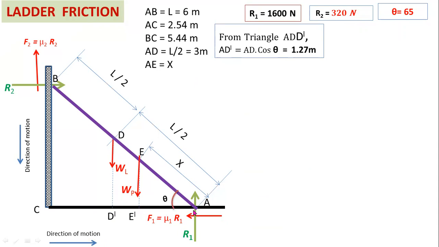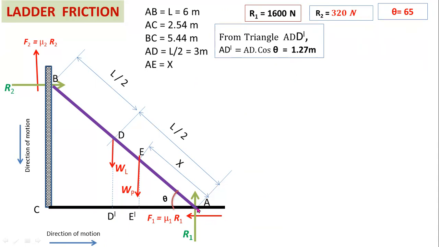Cos theta equal to adjacent side AD dash divided by hypotenuse AD. So AD dash equal to AD hypotenuse into cos theta. Here the angle theta equal to 65 degrees, and AD equal to 3 meters. Substitute these values, so AD dash equal to 1.27 meters.